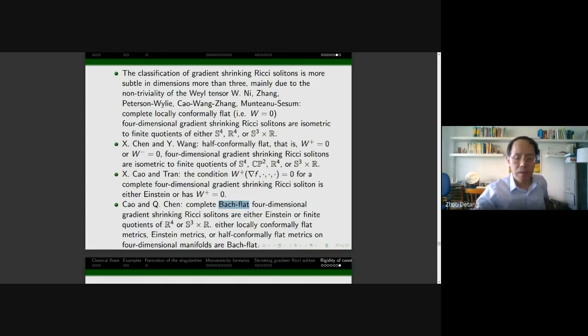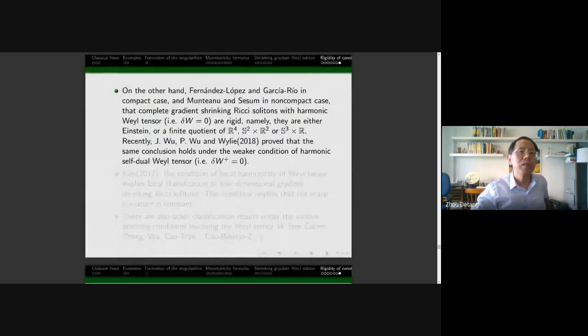So people are working towards S2 cross R2. Here is a list of works. They proved that if the Weyl tensor is harmonic, then you have this example. That means W is not 0 on this example, but W is harmonic.